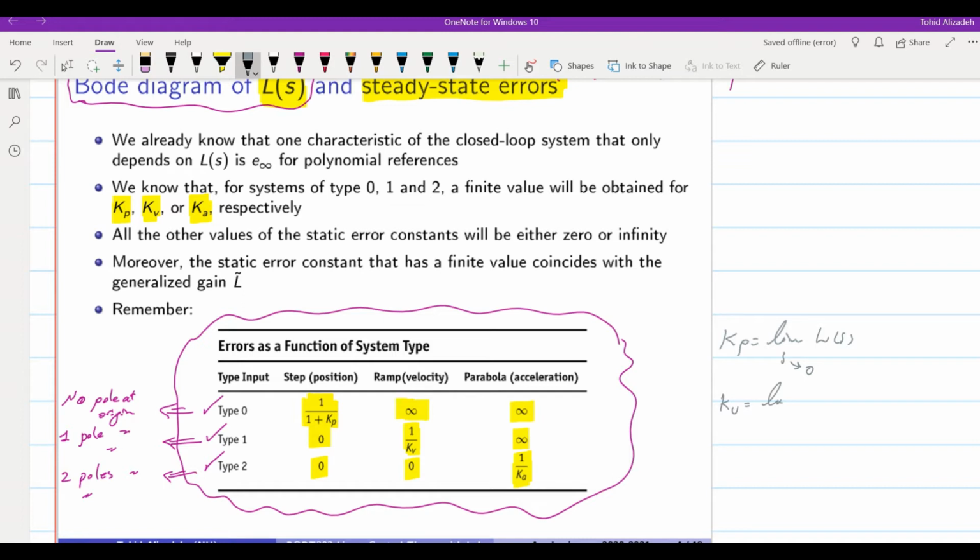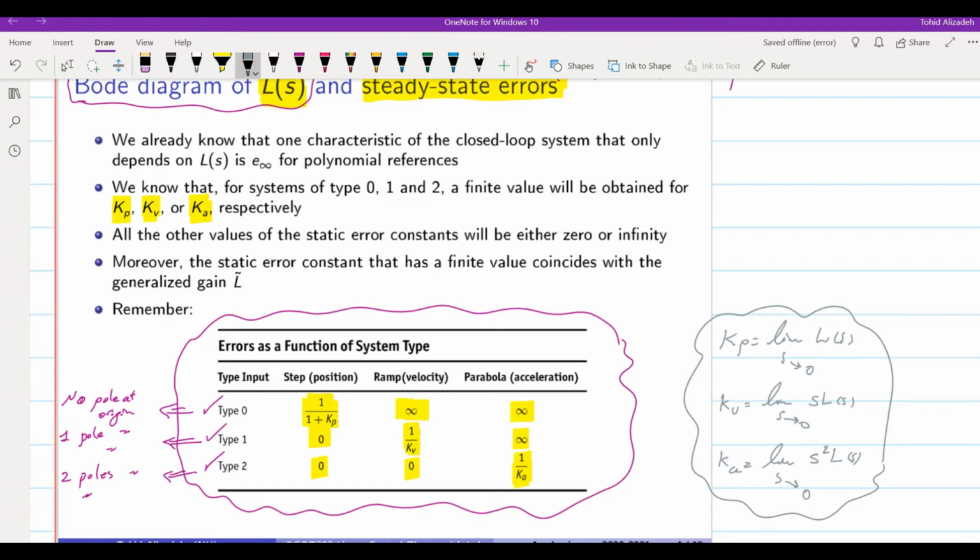Kv is equal to limit of S times L of S as S goes towards 0. And Ka is equal to limit of S squared times L of S as S goes towards 0. So this information we already have as well.